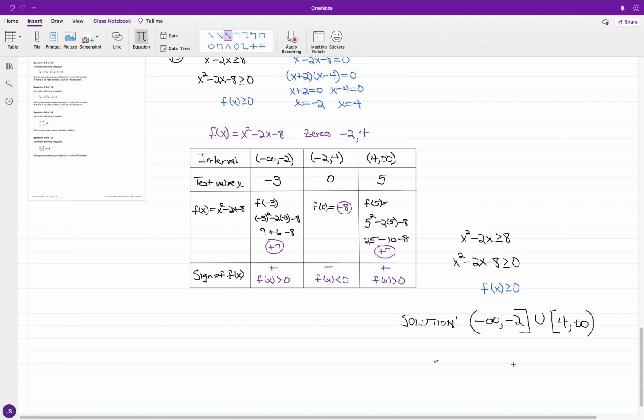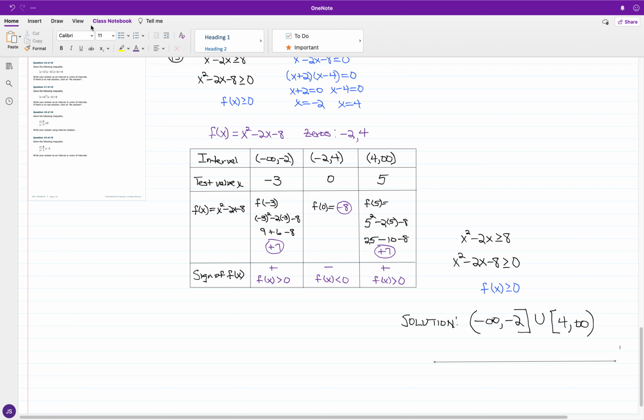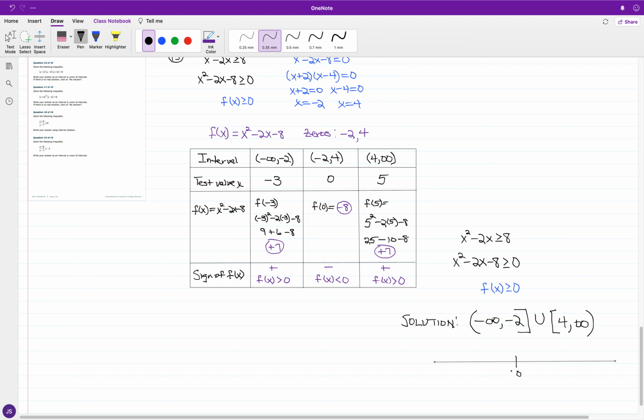Now in terms of, let's say, just the graphing. What's going to happen here is that we have our limit values of negative 2 and 4.